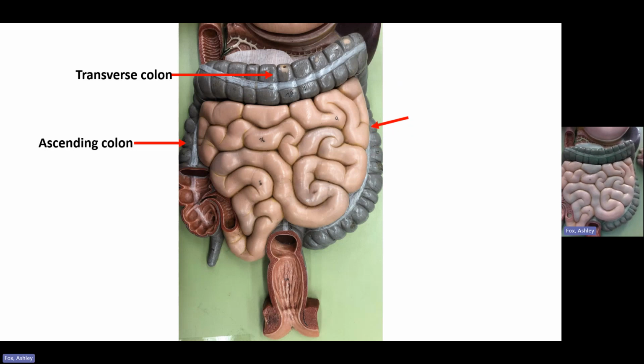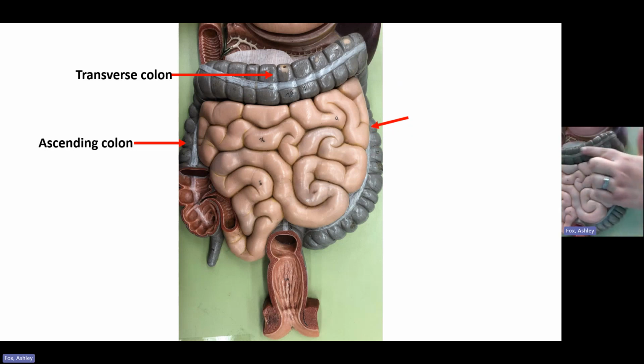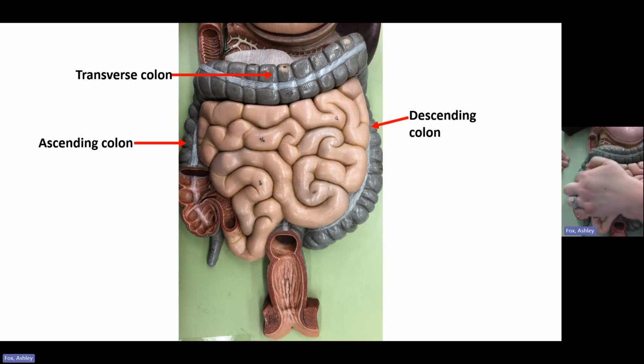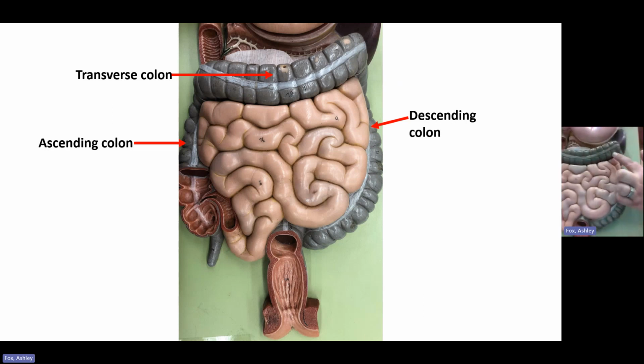Then you go down, where we're going to the exit for defecation. So you go transverse, you make another flexure, and you come down. This is your descending colon, because you're going down. D is for down, descending. So that's how it travels: it goes up, ascending, across, and then descending.